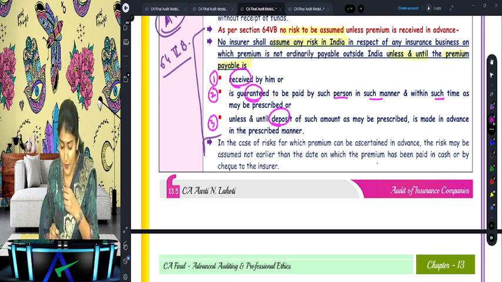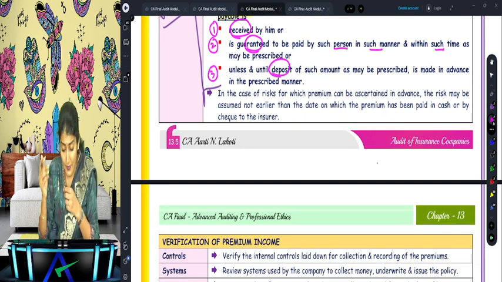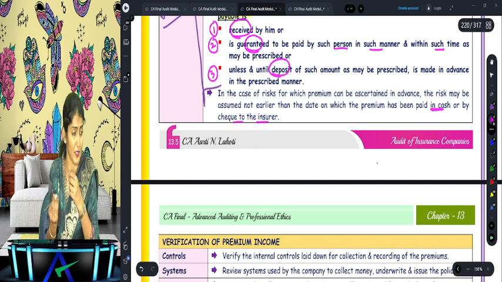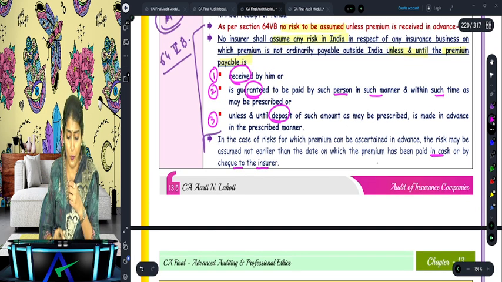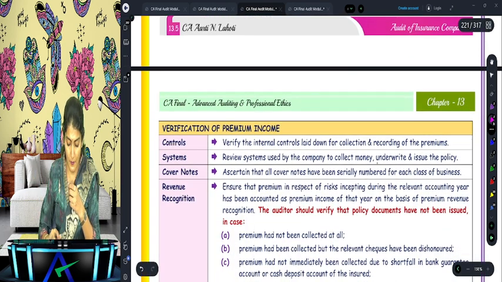In the case of risk for which premium can be ascertained in advance, the risk may be assumed not earlier than the date on which the premium has been paid in cash or check to the insurer. Obviously, simple rule. I told you, no risk assumption without premium.